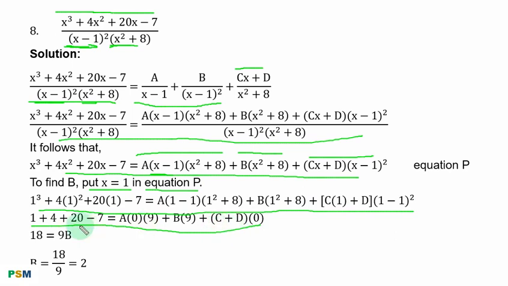You are left with the left hand side equal to 18 and 9b. So 18 is equal to 9b. Divide both sides by 9 and b is equal to 2.